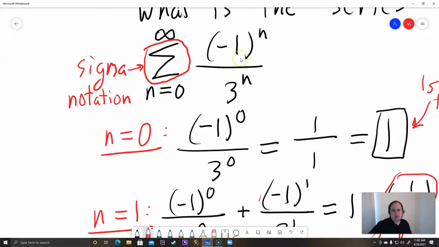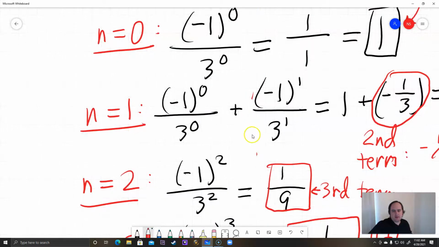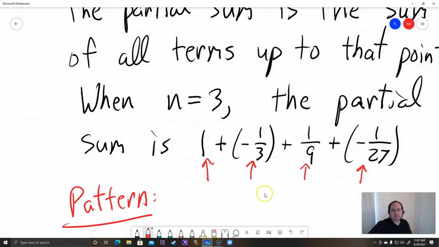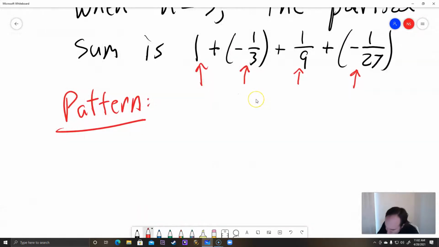But one thing we're going to look for is what kind of series this is. They give us the formula here, and it's the sum of (-1)^n over 3^n.